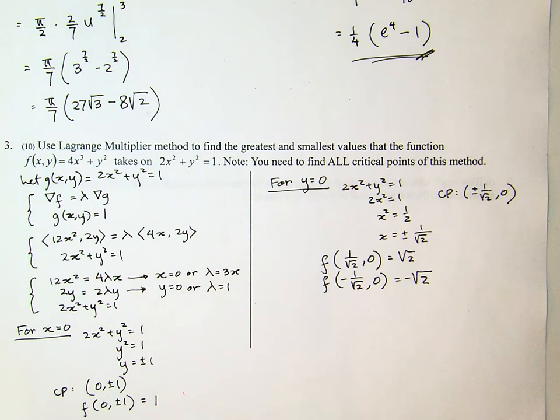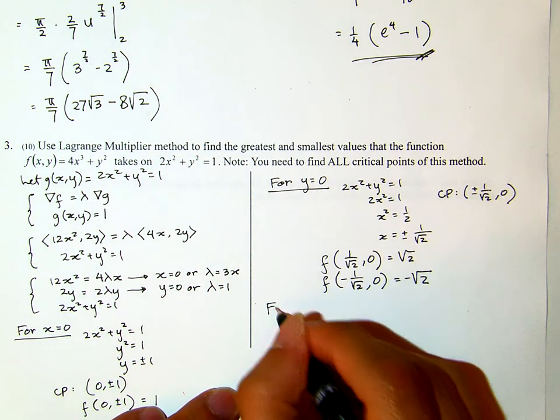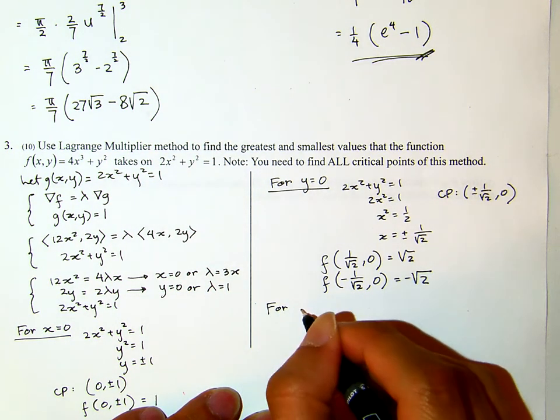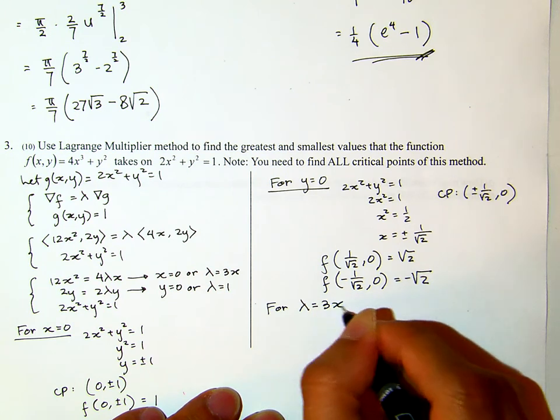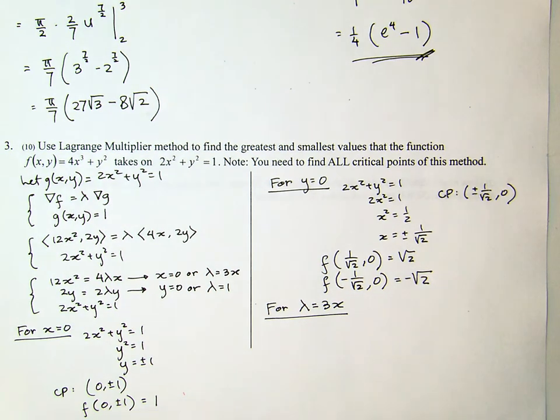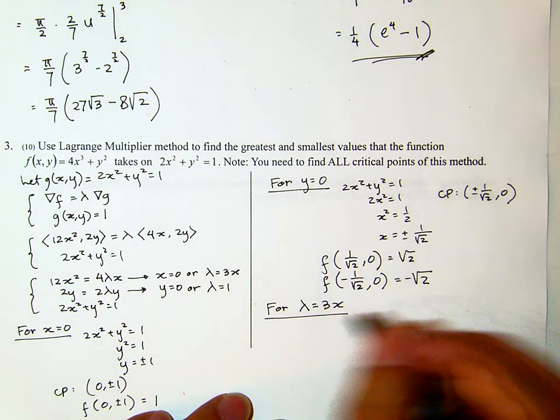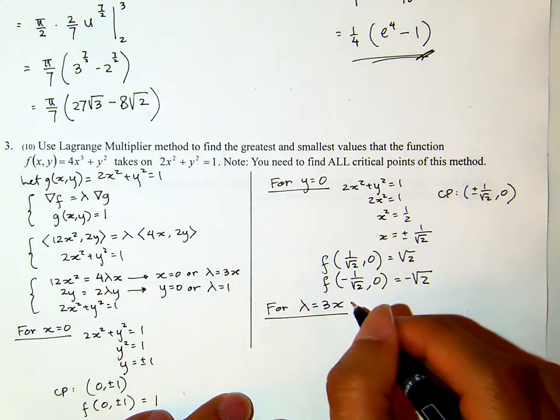Now the third possibility is lambda equals 3x. When lambda equals 3x, we also know that lambda equals 1, right?